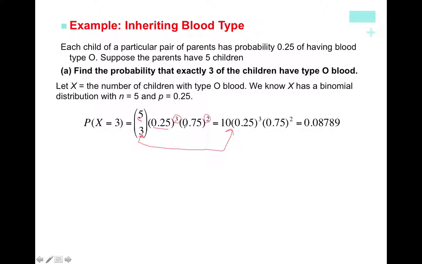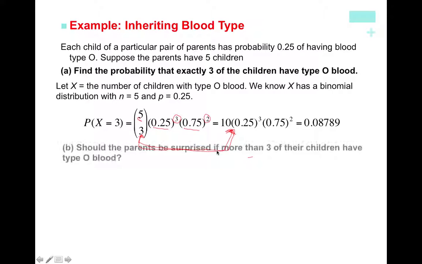The probability of a fail is going to be 1 minus the probability of success. So 1 minus 0.25, which is 0.75, okay? This number I would have found using my calculator under my probability function. Again, I will show you that in class. And here is the probability that exactly 3 children would have type O blood. So you're looking at about 8.8%.